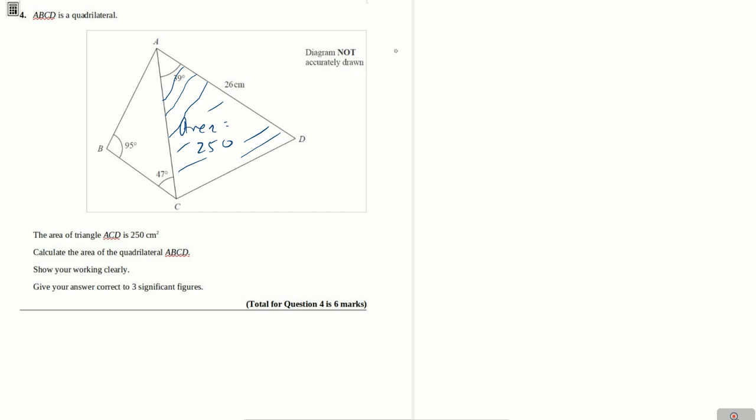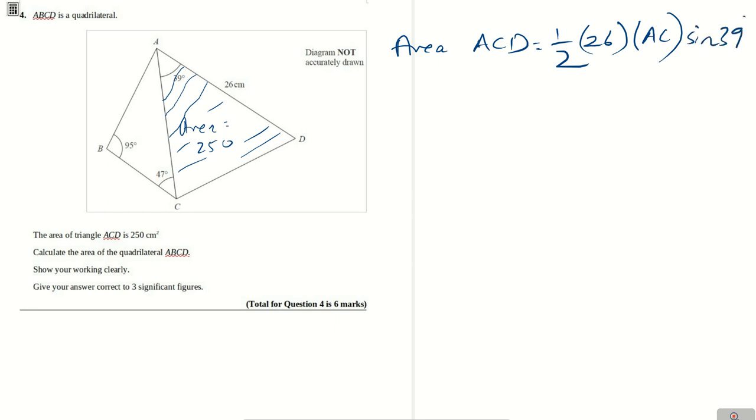So we know that the area of ACD is equal to a half of 26 times AC times the sine of the angle in between, or in other words, sine 39 degrees.